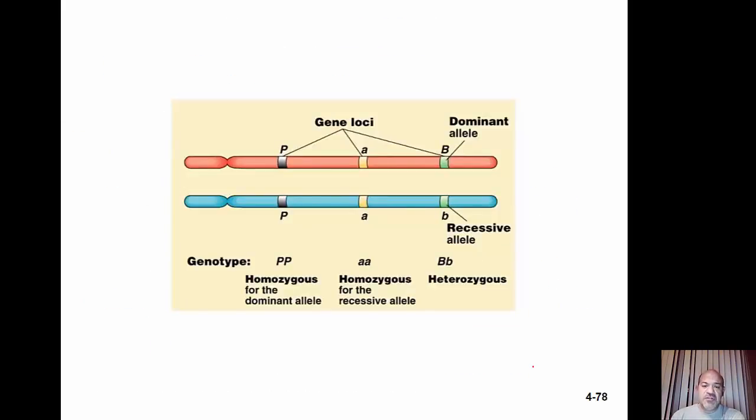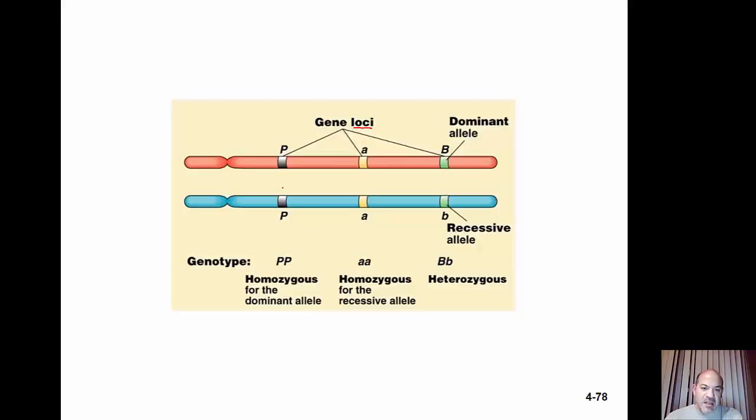So I have a picture here of two chromosomes, and on those chromosomes are specific locations, or loci, there you see the term loci, plural for locus, of three different genes. One gene we'll call gene P, another one gene A, and another one gene B. And we have two different colors here to represent that perhaps one chromosome was inherited from maternal and the other one from paternal during fertilization. So this is one pair of chromosomes, so the chromosomes have the same types of genes on there.